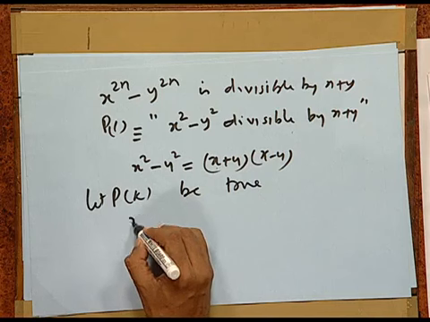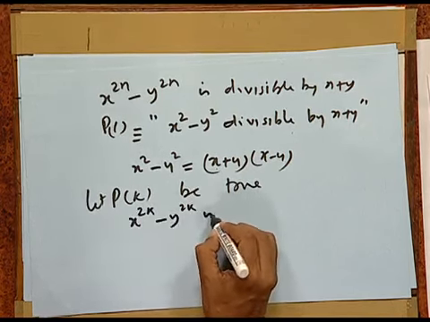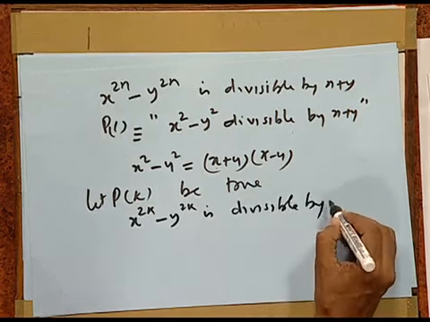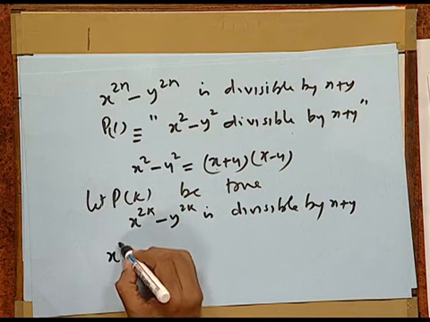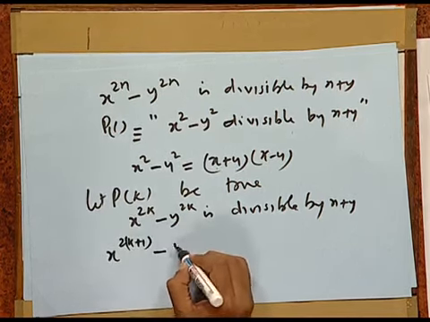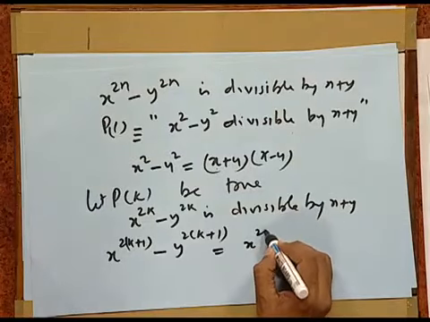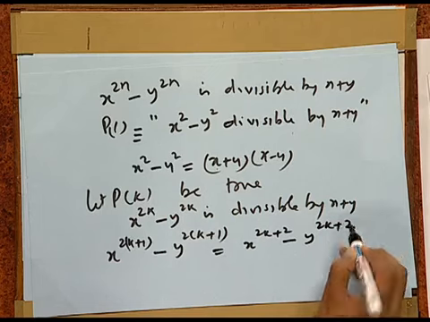This means x to the 2k minus y to the 2k is divisible by x plus y. For Pk plus 1, consider x to the 2k plus 1 minus y to the 2k plus 1. This equals x to the 2k plus 2 minus y to the 2k plus 2.